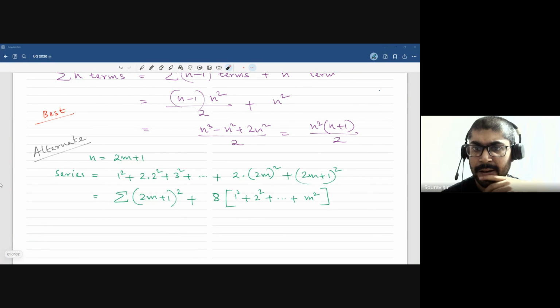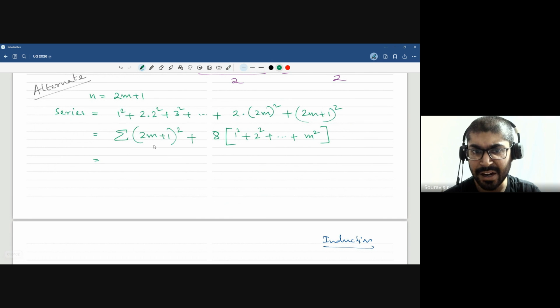So if this is 8, then we should be able to continue in the same way. Let us not cancel anything right now. Let us keep everything as it is. So this will be equal to m square. Why not replace the value of m anyway? No, keep m.